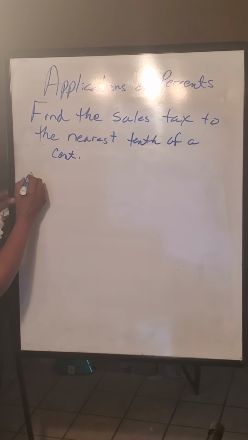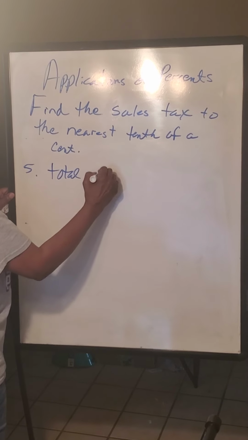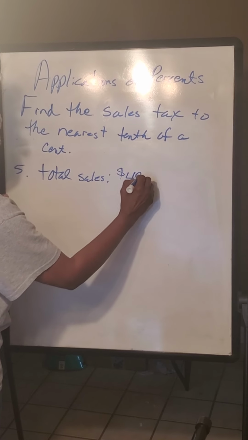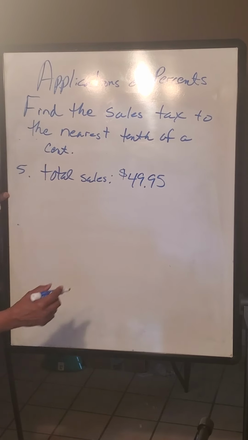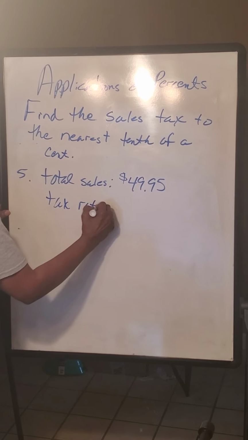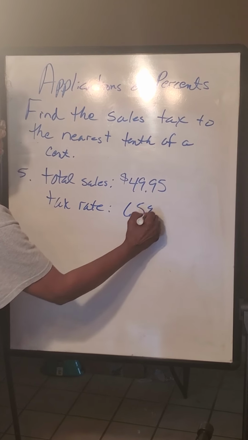So this is example number 5. Let's say I go to the store and my total sales is $49.95. And their tax rate in this particular county, let's say, is 6.5%.